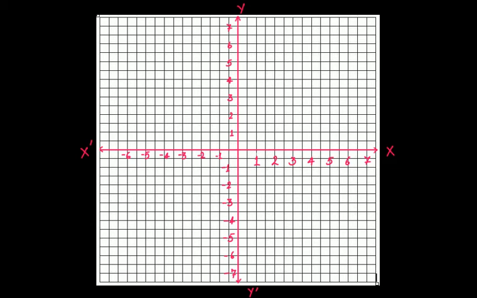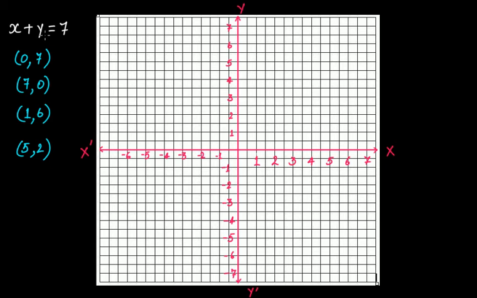Now let's take this equation. It's a linear equation in two variables: x plus y is equal to 7. To understand the plotting of the graph for this equation, you should know how to find the solutions of a linear equation in two variables. We have discussed this in detail in our previous video tutorial, whose link you will find in the description box below.